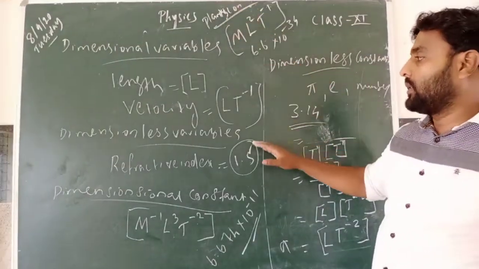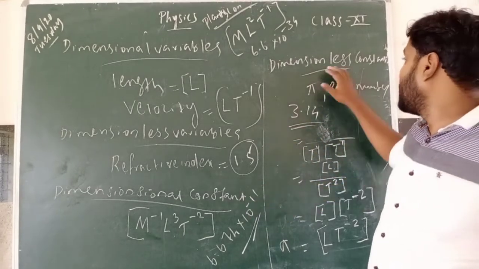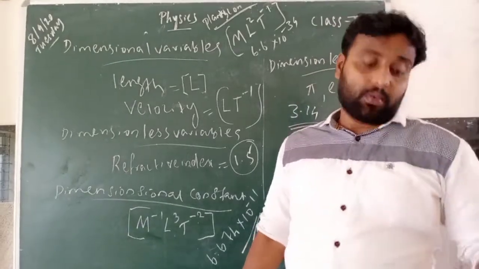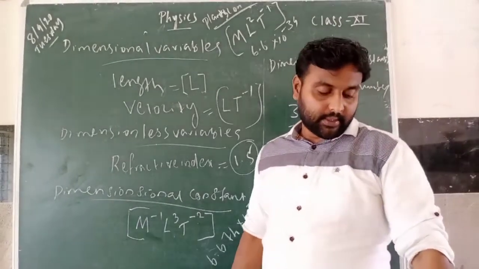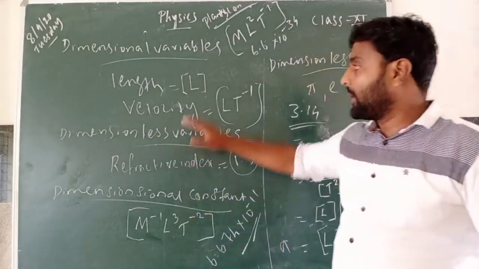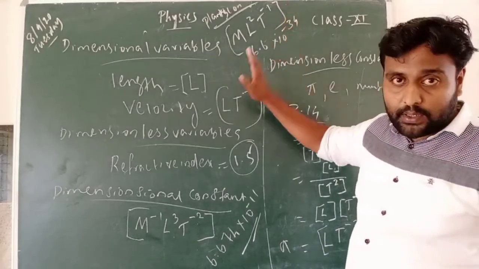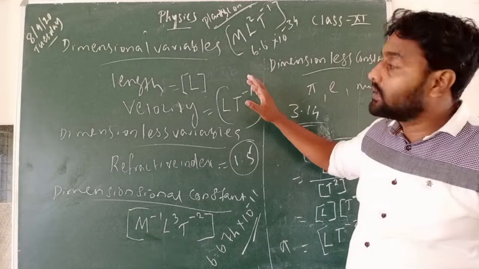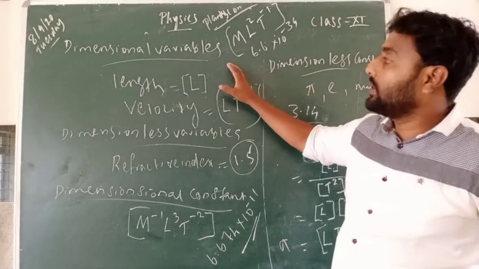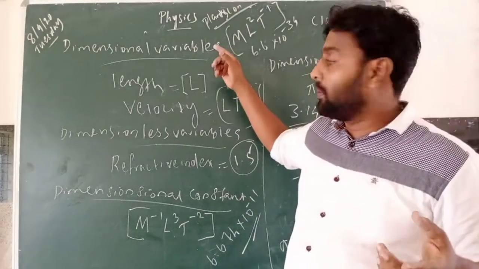So this is what dimensional variable, dimensionless variable, dimensional constant, dimensionless constant are. You have to know this before going through the next section, principle of homogeneity of dimension. Dimensional variable means quantities which possess dimension as well as variable values.